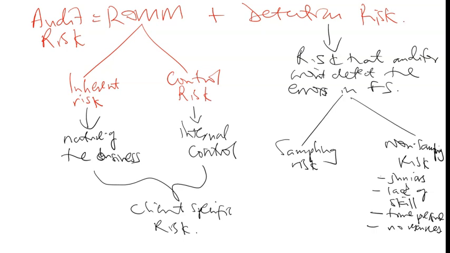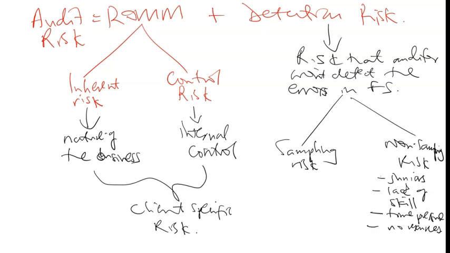Obviously, there's no audit risk. So you can see that both have to be present for audit risk to be there. Are we together? Both have to be present to say that the audit risk was high or was low. That's actually what happens. We need to have both.